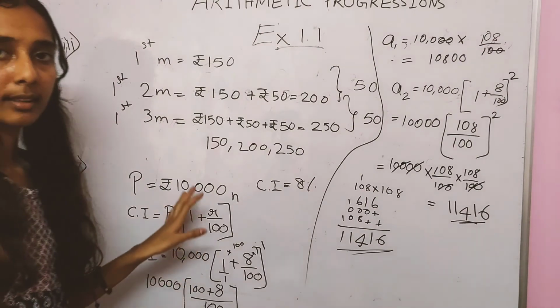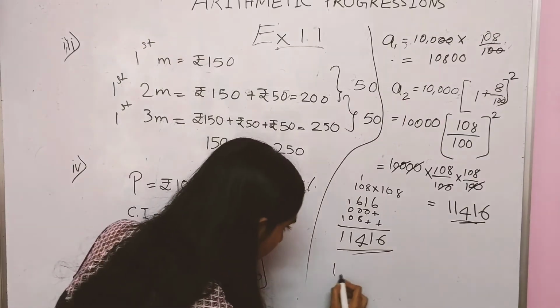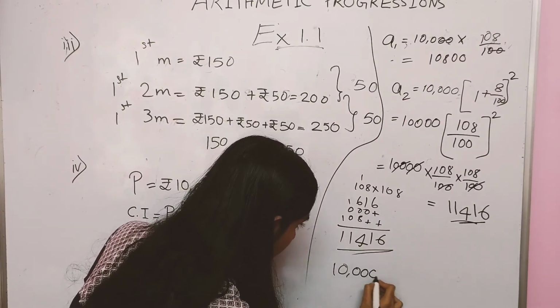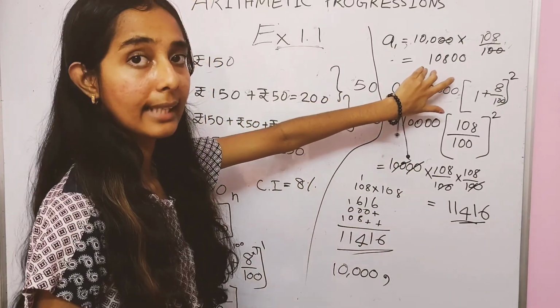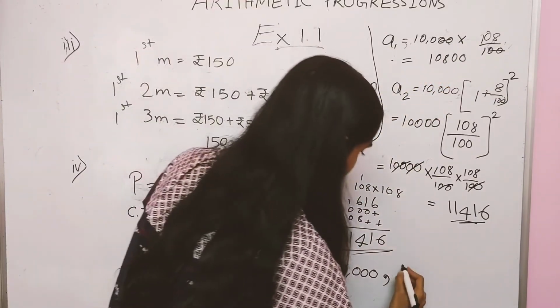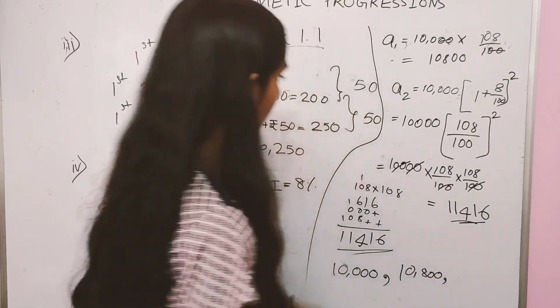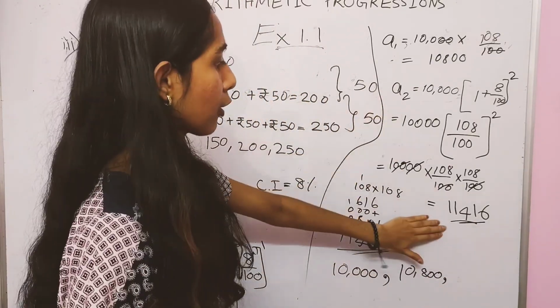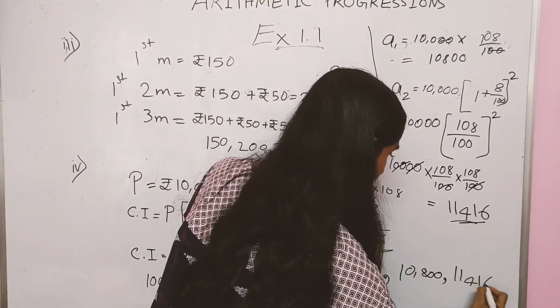Now consider the principal amount, that is 10,000, as the first term, and this one which we found at the end of year 1 as the second term. The amount which we found at the end of the second year is 11,664.